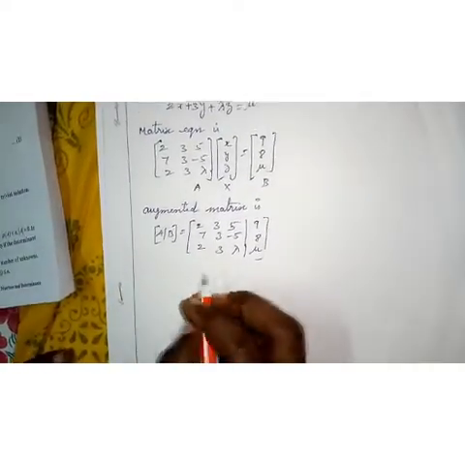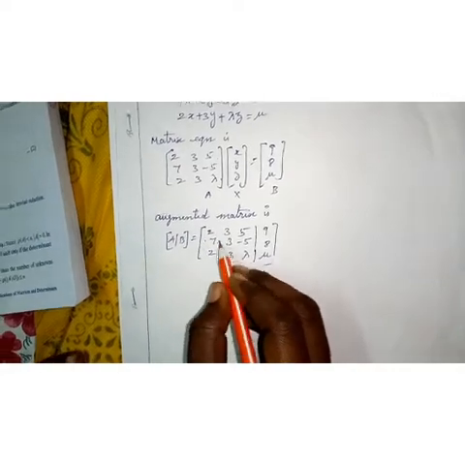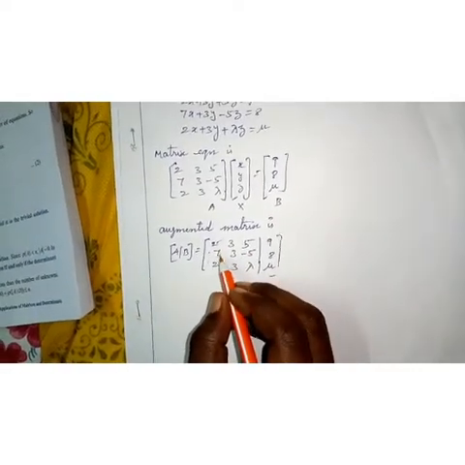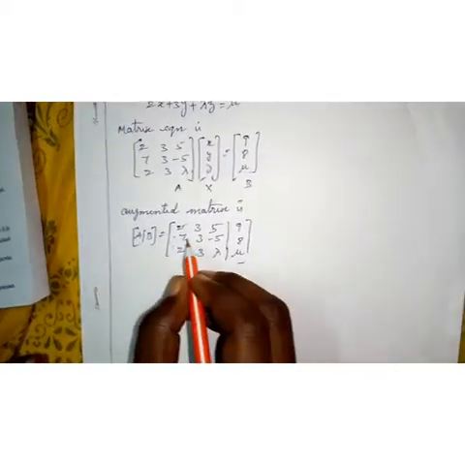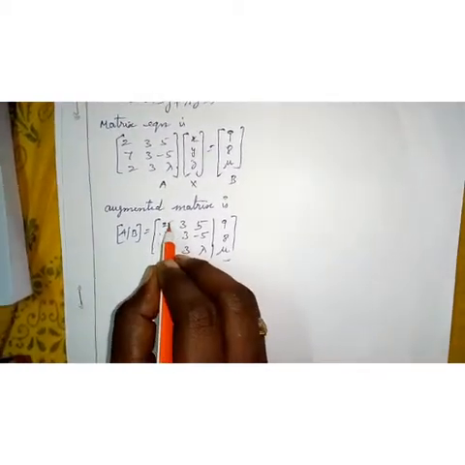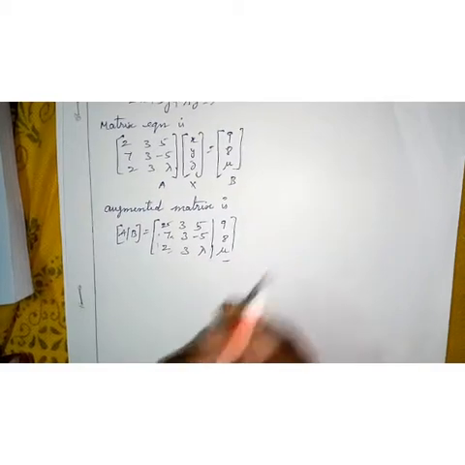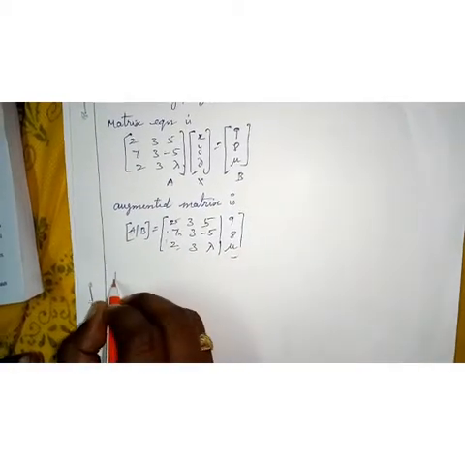And then we use elementary transformations. See, comparing these numbers, 2 is common. Now I want to convert to 0 here and here. So shall I multiply by 7 in R1 and 2 in R2?